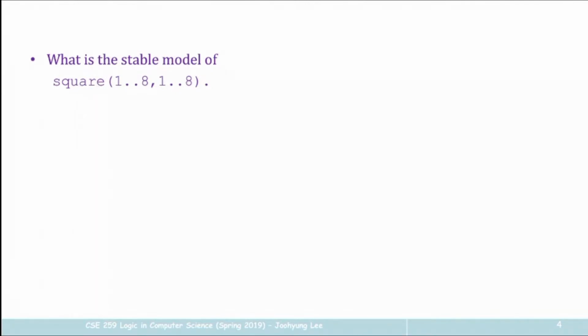Can you guess? Square(1..8, 1..8) has two arguments. The first argument can range over 1 to 8, and the second argument can also range over 1 to 8. How many elements can be generated? 64, right? Let's check this, because you can easily use Clingo to verify this claim.